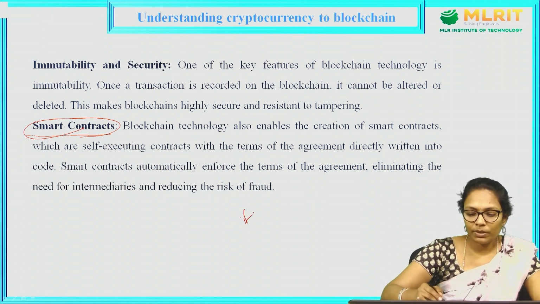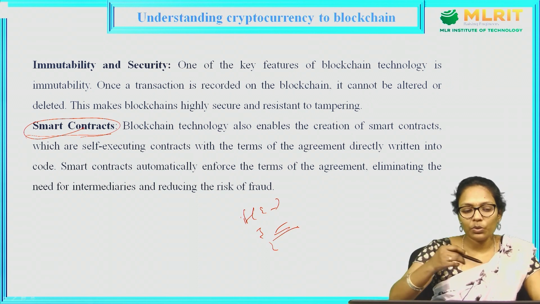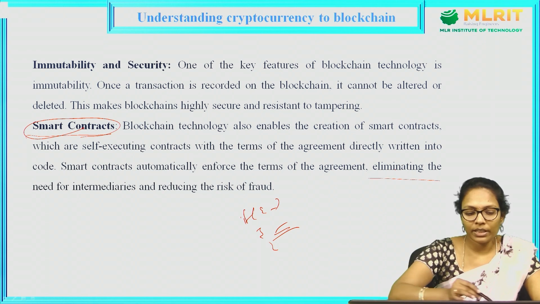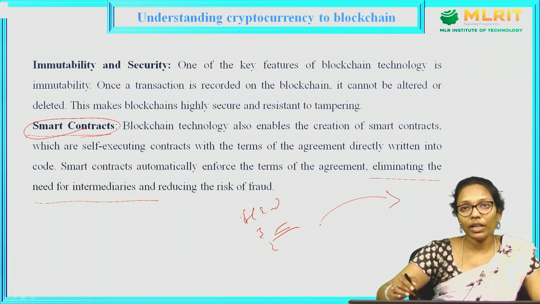If a condition is true, then automatically the code will be executed. The use of smart contracts eliminates the need for intermediaries. If a certain condition is true, automatically this will be done, so we don't need a person over there.